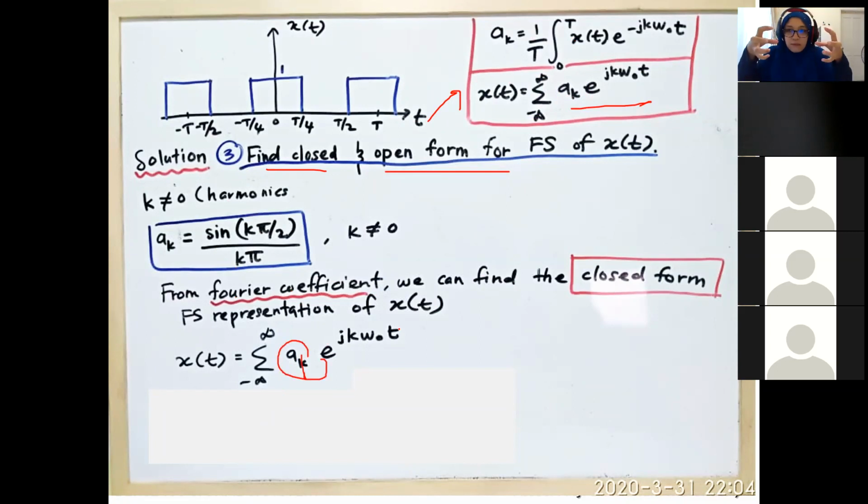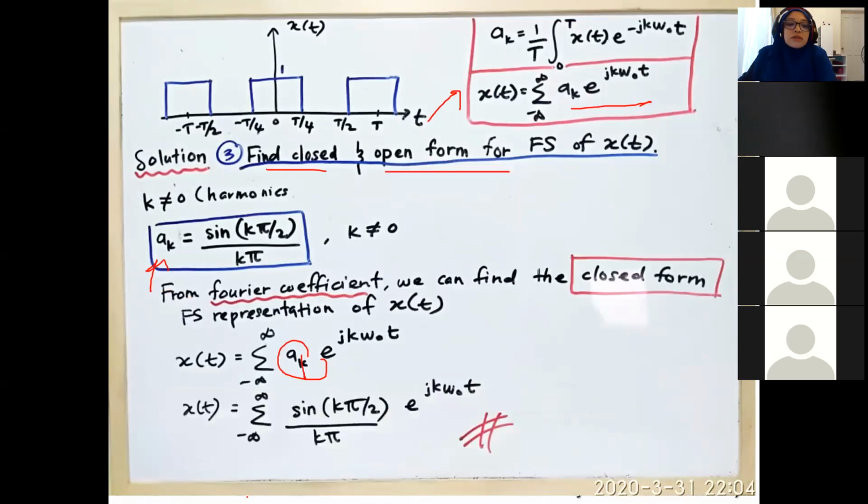What is the general form for the xt representation? You already calculated ak just now for the non-harmonic, so you substitute the ak value directly here, then you will get the closed form. Easy. So to answer the closed form, you need to get the ak value for the non-harmonic correct.